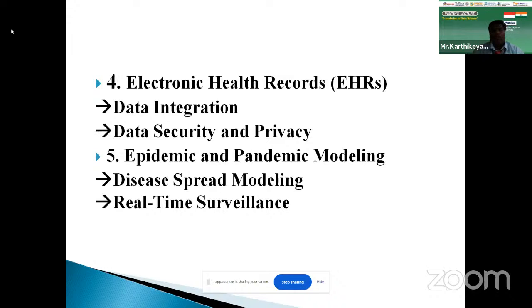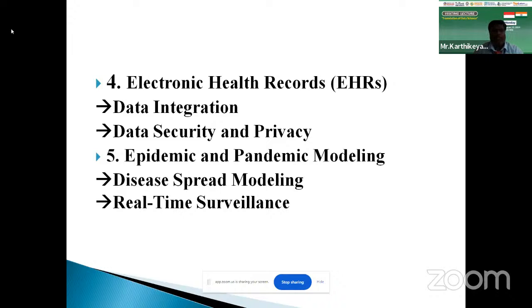And next one, electronic health records. It has data integration and data security and privacy. Data integration is nothing but integrating EHR, which means electronic health records, from different healthcare providers. This enables a comprehensive view of patient health across various sources, improving continuity of care and enabling better clinical decision making.